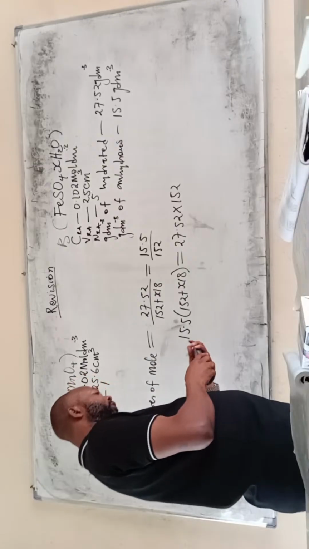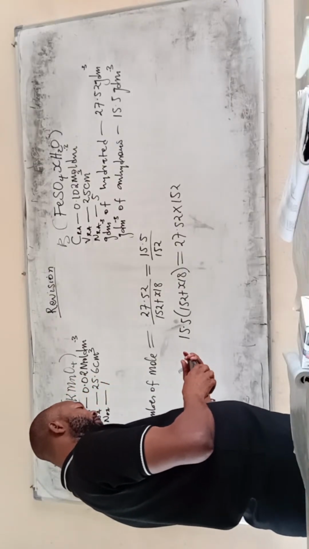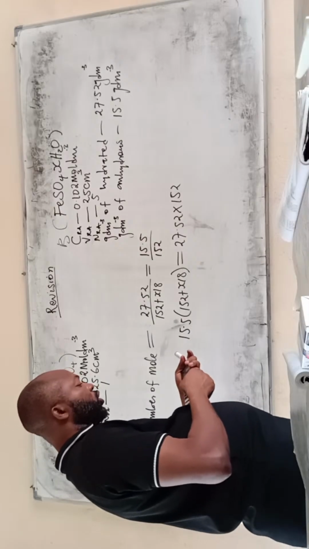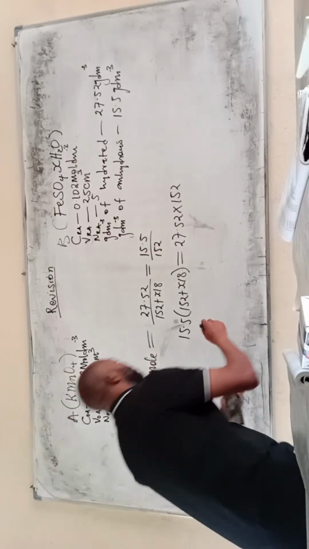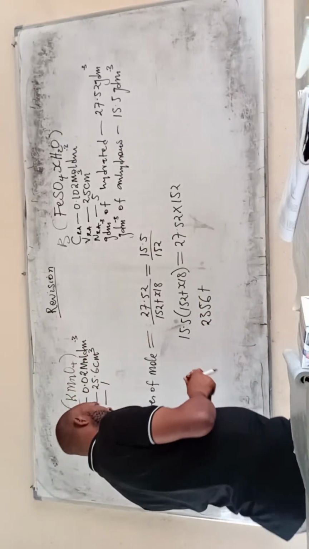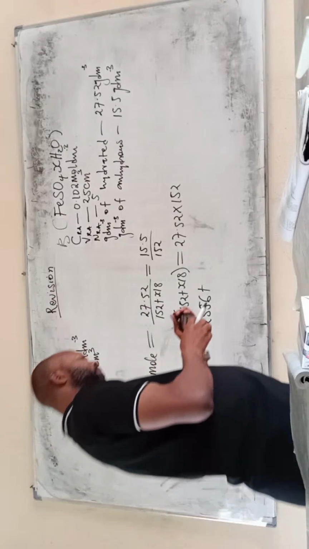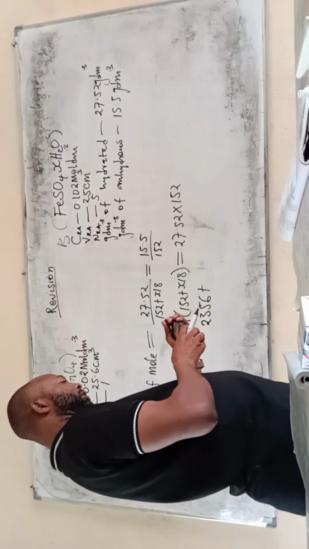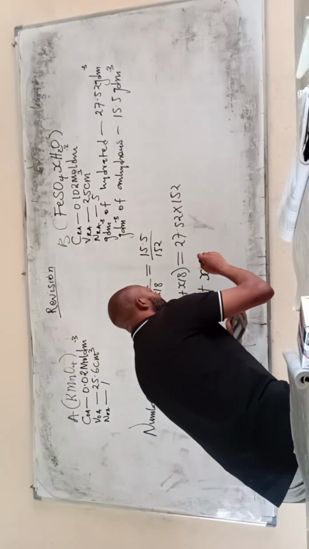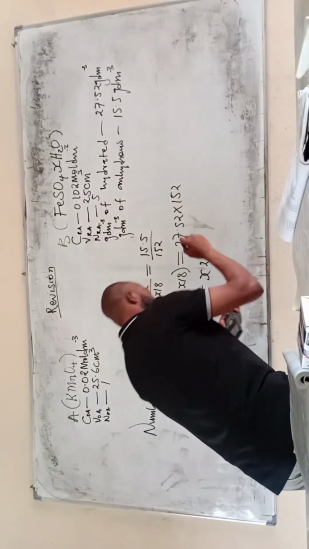So 15.5 times 152 is equal to 2356. 2356 plus 15.5 times 18 x equals 279x.